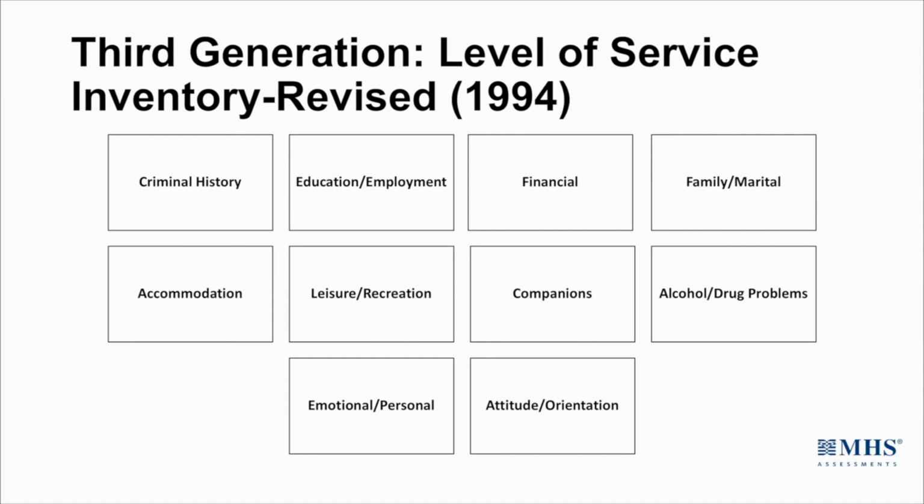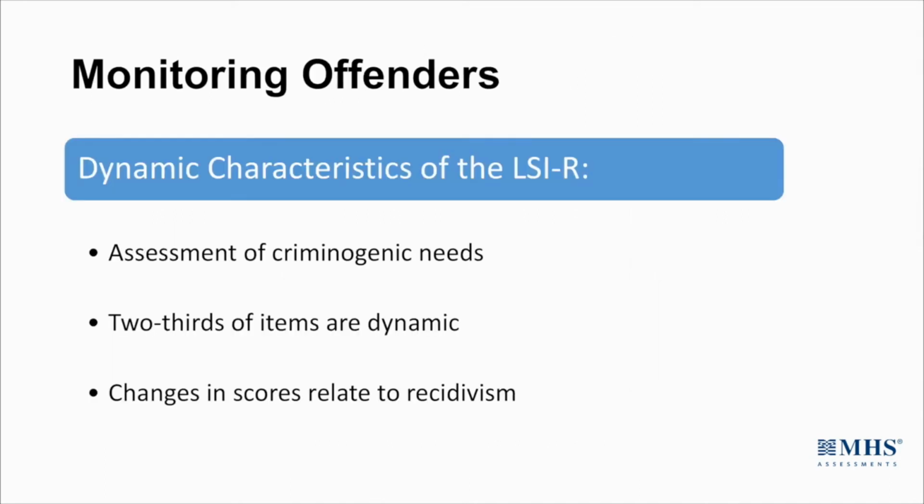Around the same time, there was another instrument, the Wisconsin Risk Classification Instrument, but they had 2 separate scales, one a static risk scale and a second need scale. And there are advantages to this kind of intervention. You have all the information you need in one document that helps you assess criminogenic needs.